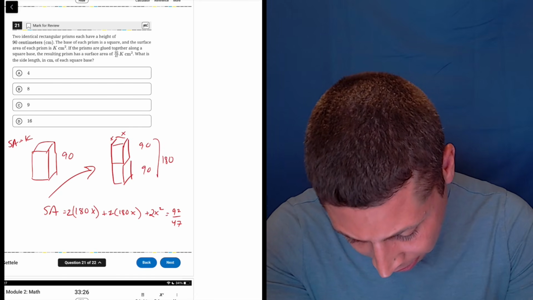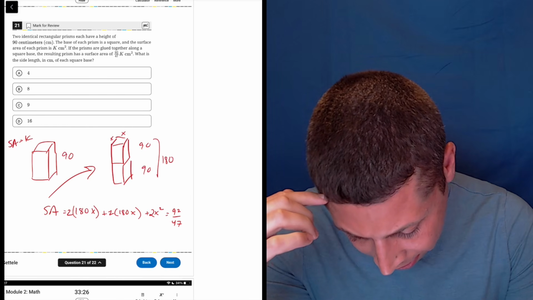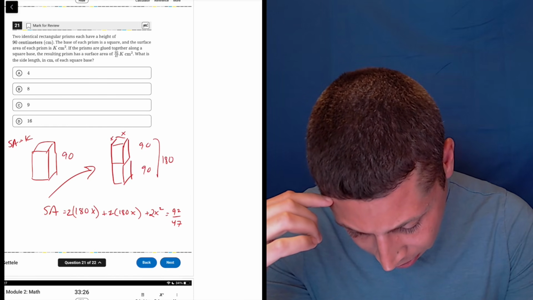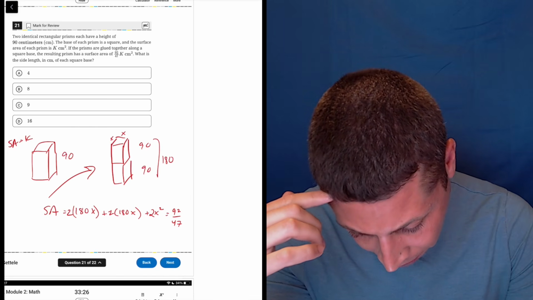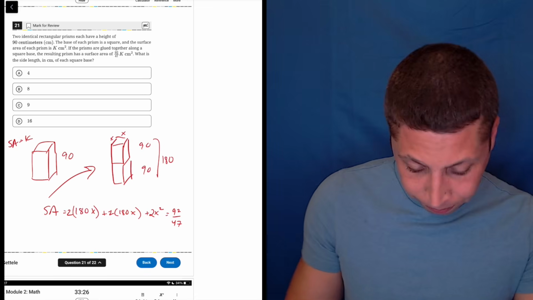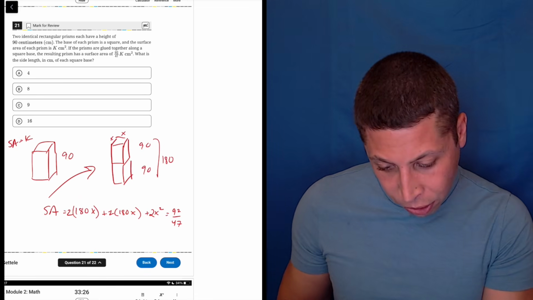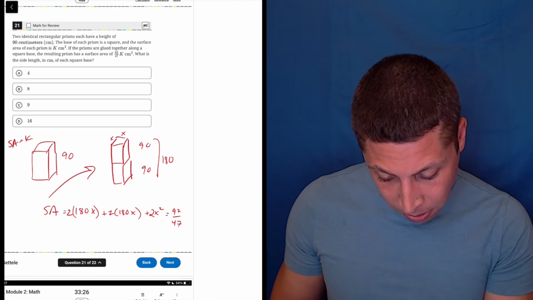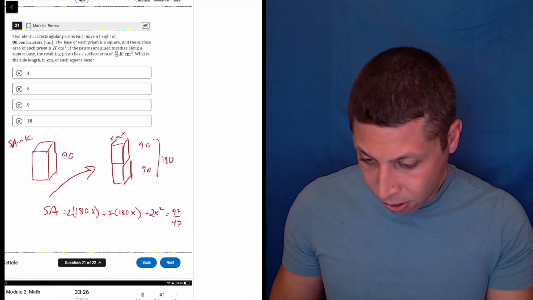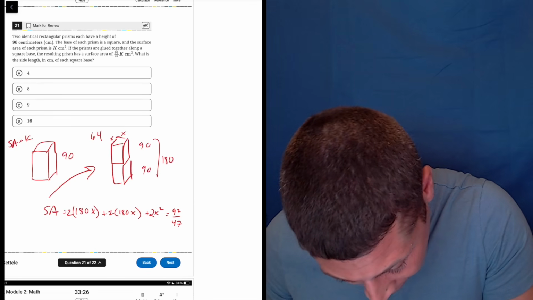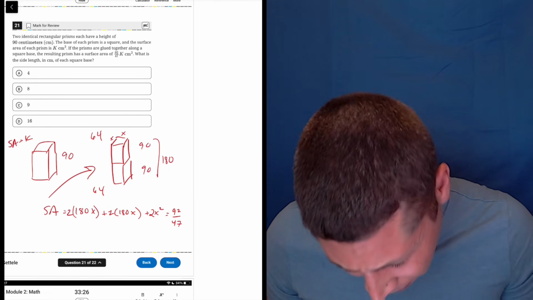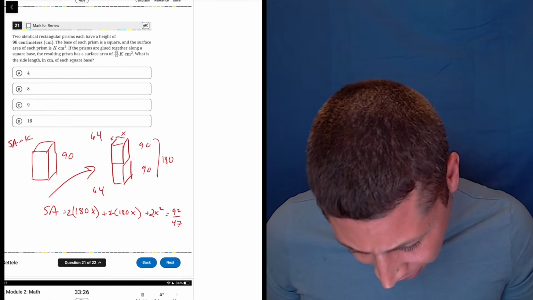So that's 180. Glued together. So 180x, and there's 2 of those. 180x, there's 4. There's 92 over 47. I don't see why I can't guess and check. Let's just try 8. So 8 squared would be 64 on the top and the bottom. So is the surface area 92/47?